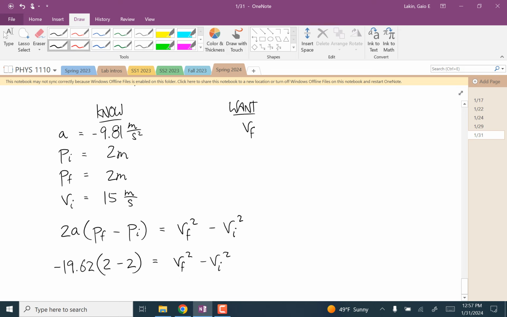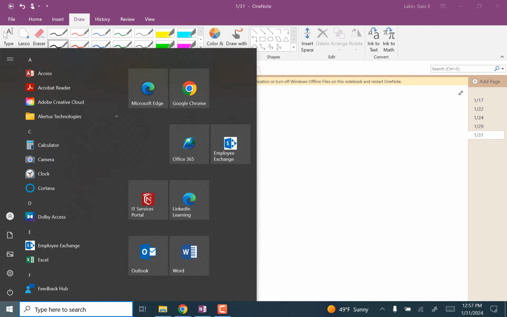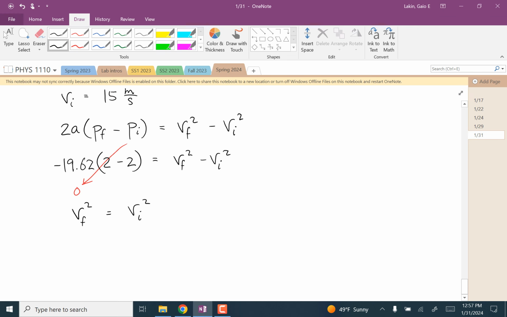And you can see 2 minus 2 is 0, so everything on this side goes away. You're multiplying negative 19.62 times 0. And so what this says is that vf squared is equal to vi squared. You know, vf squared minus vi squared is 0, so you can move one to the other side and you get this.